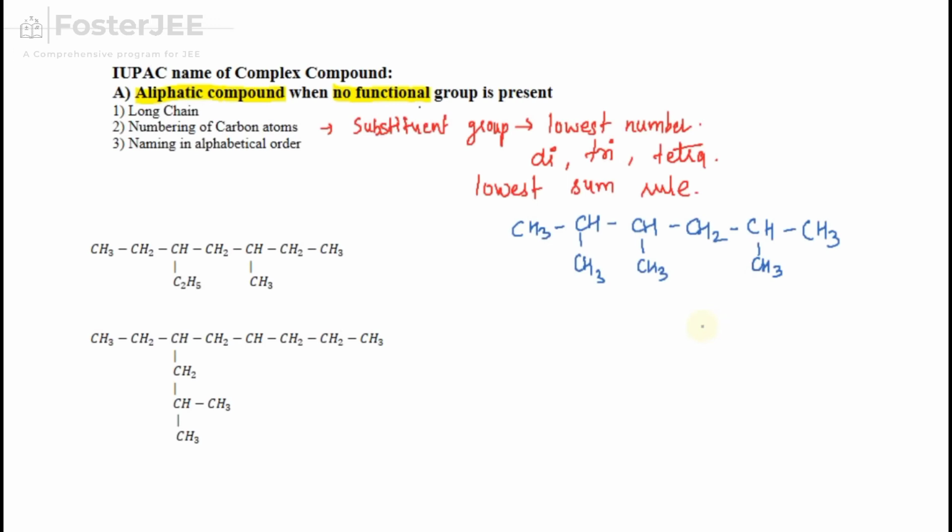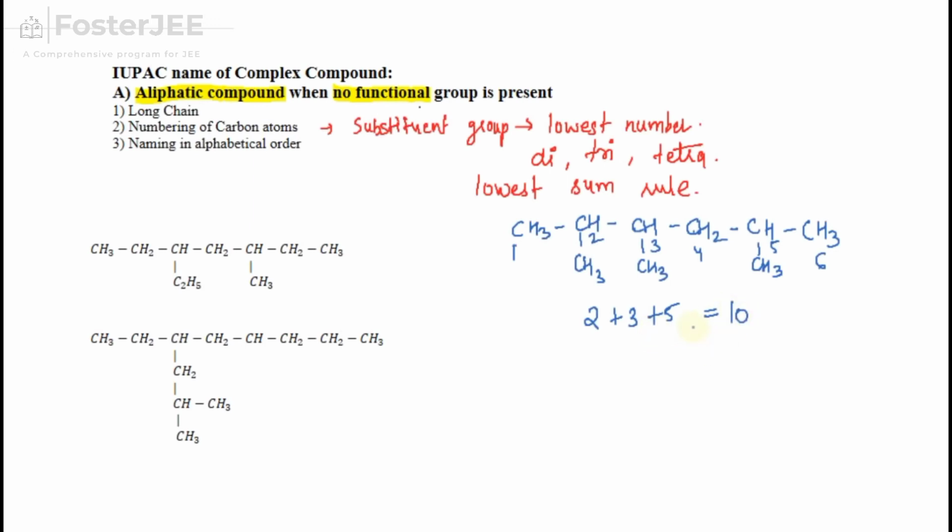Now here we can see that the longest chain will be 1, 2, 3, 4, 5, 6. The substituent groups are present at the second plus third plus fifth carbon. So the sum will be 2, 3, 5 is 10.